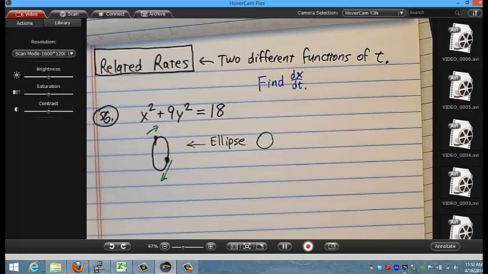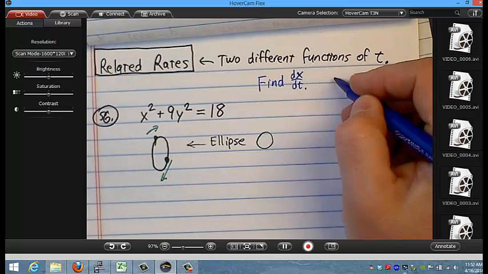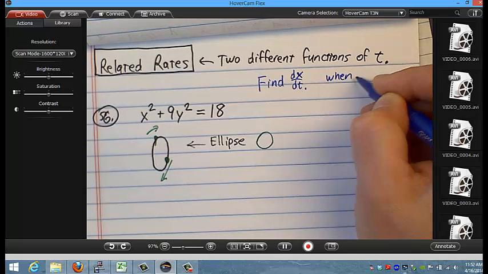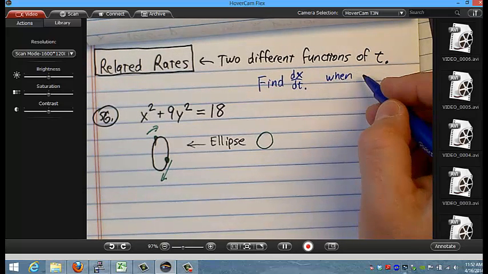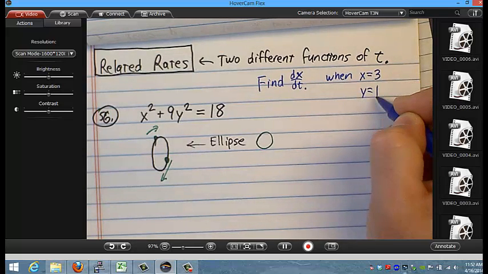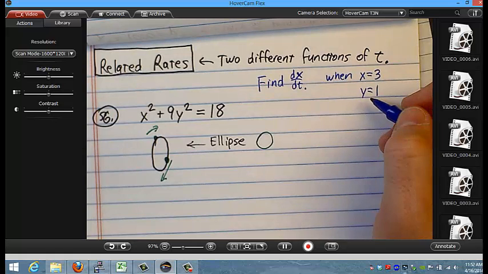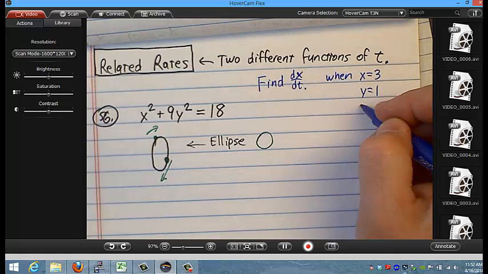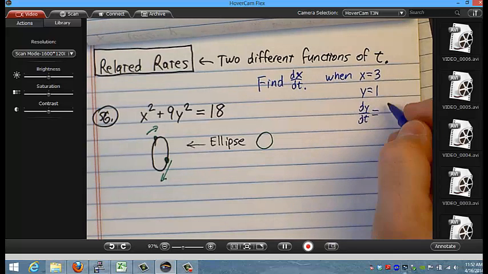And they tell me a few more things. They tell me when x equals 3, y equals 1, and dy dt equals 10.